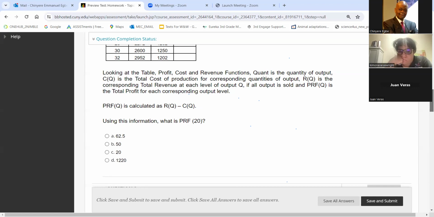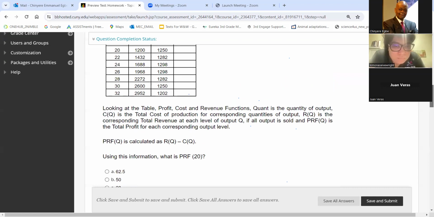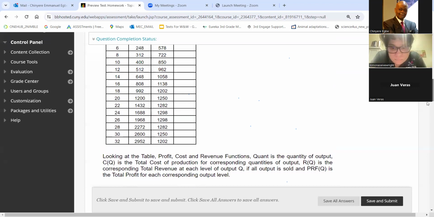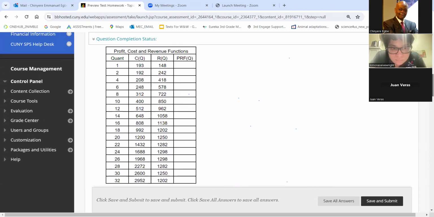What is the profit? When you sell, you get revenue. Whatever you sell costs you some money. And so your revenue minus your cost is your profit. Am I correct? Okay. And so it says, what is PRF of 20? So at 20, your cost is 1,200.